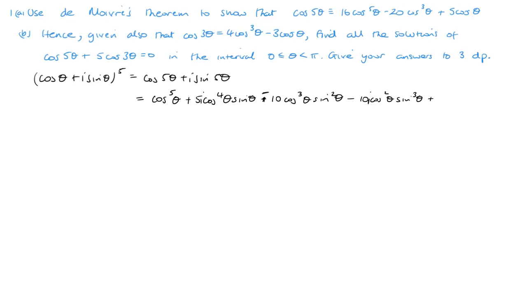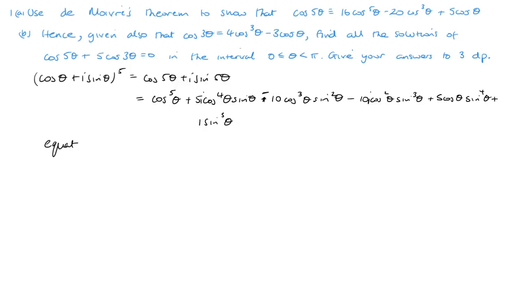Plus 5 cos theta sine theta to the power 4. So i to the power 4 is going to be plus 1. And then finally, we've got i sine to the power 5 theta.